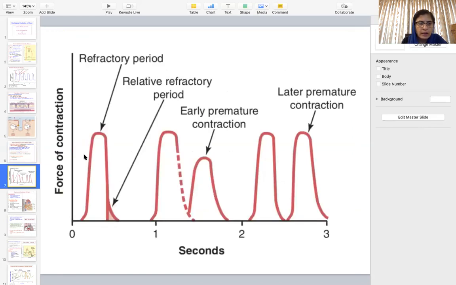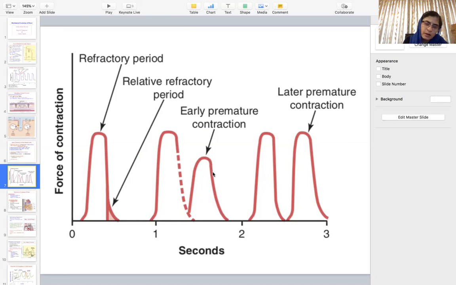This diagram is again showing you the refractory period. This is the absolute refractory period, and this last part is the relative refractory period. You see that this is a premature contraction: any abnormal or excessive stimulus generates an action potential, but it does not lead to tetanization, as there is no summation.